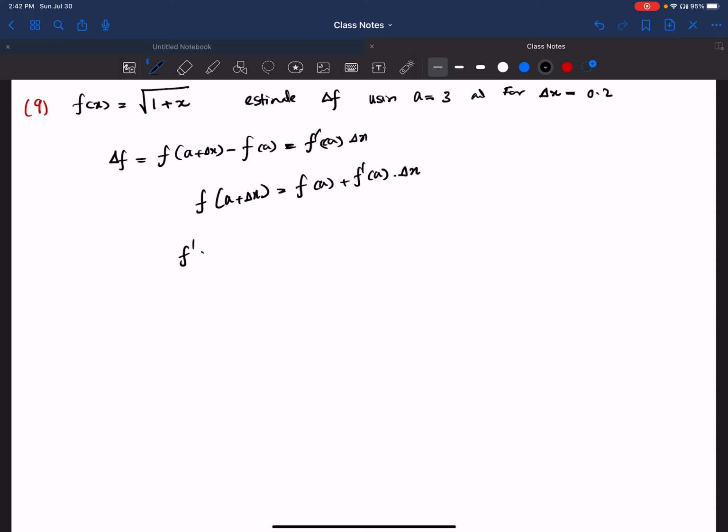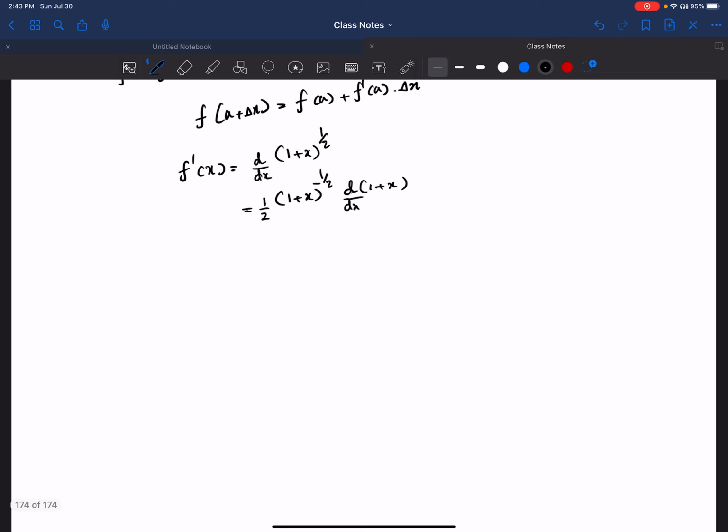f prime of x equals d over dx of 1 plus x to the power half, which is half times 1 plus x to the power negative half, and then the derivative of 1 plus x is 1. So you have 1 over 2 times square root of x plus 1. That's f prime of a.